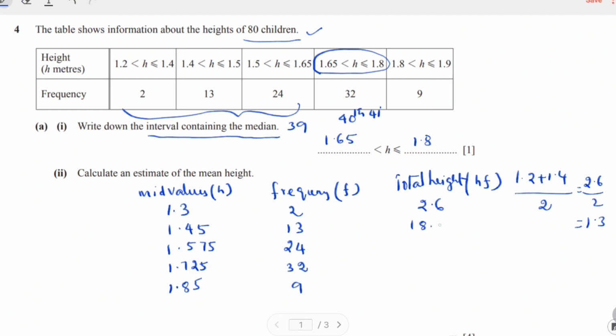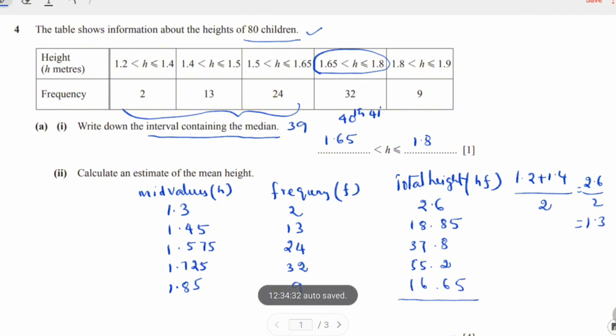We get 18.85, 37.8, 55.2 and finally 16.65. If we sum all of these, we get 131.1, and the sum of the frequencies is 80.